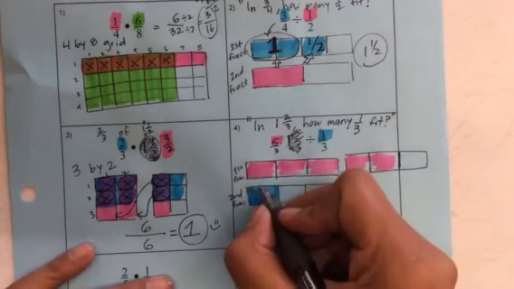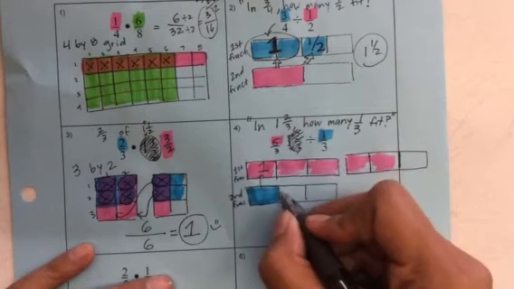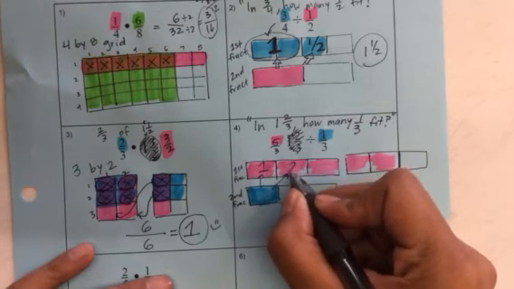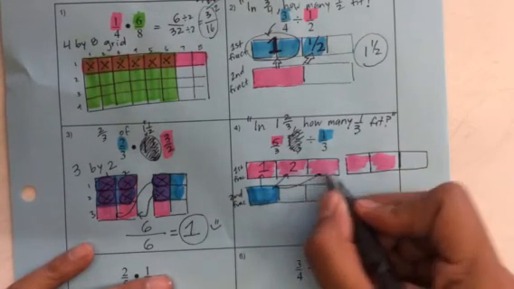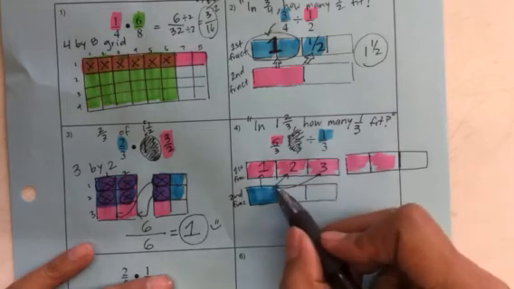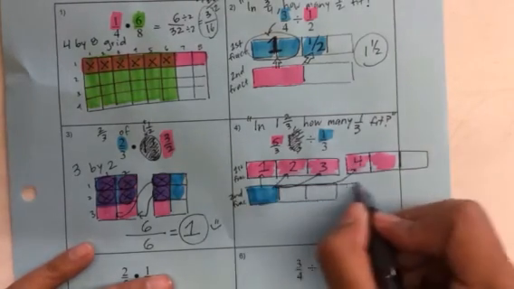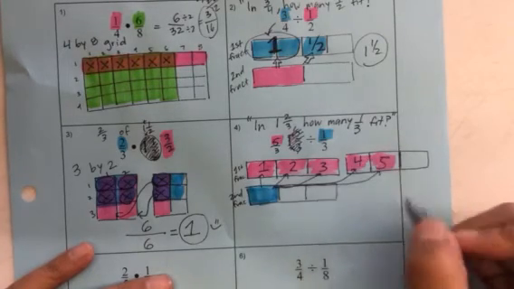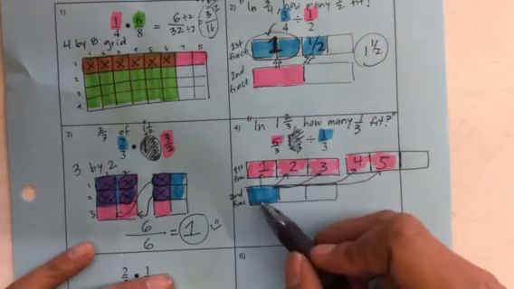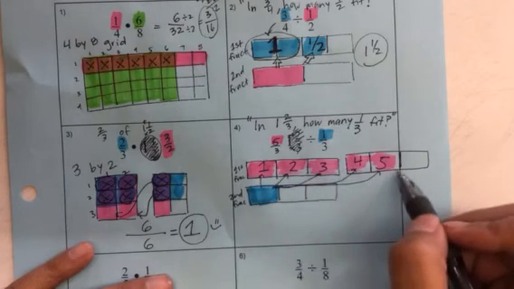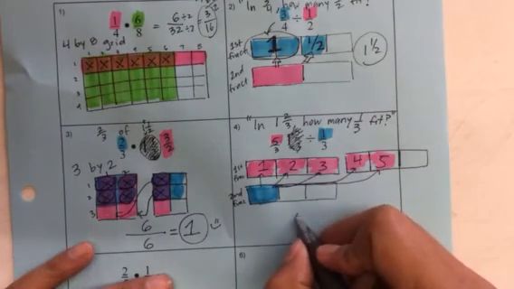Well, I know 1/3 can fit here once. I know 1/3 can fit here again. That's 2. I know it can fit here again. That's 3. And then here, another one, 4, and then it can go again, 5. So you can see here that this 1/3 can fit in there 5 times. So the answer is just 5.